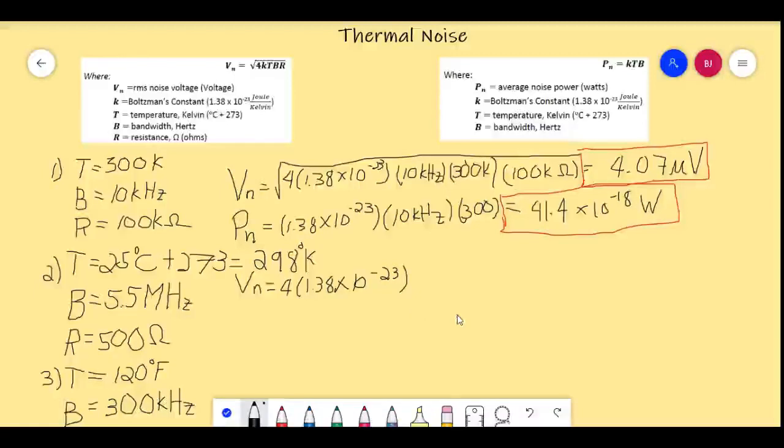There you go. 4k, then T, which is 298 Kelvin. Our bandwidth is 5.5 megahertz. Then our resistance is 500 ohms.